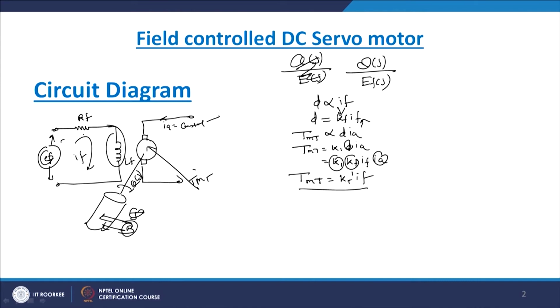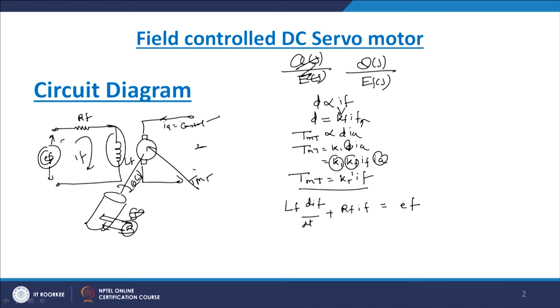So we can write LF di by dt plus field resistance RF into IF equal to EF. EF is the applied voltage to this field part.